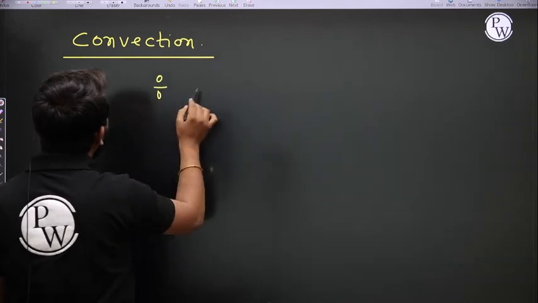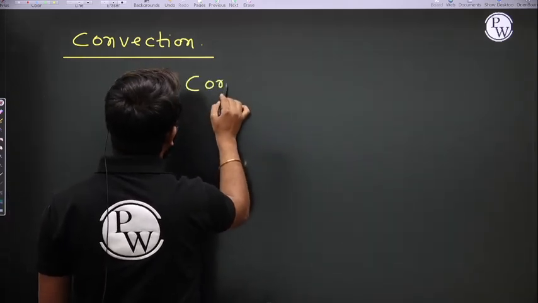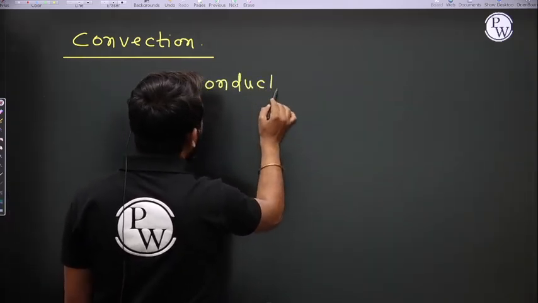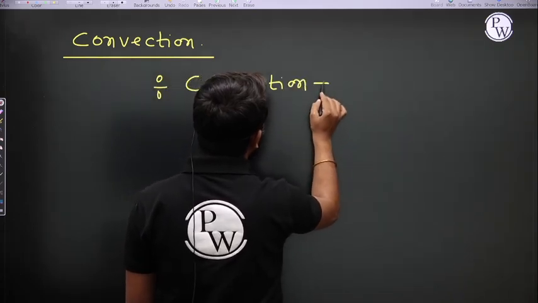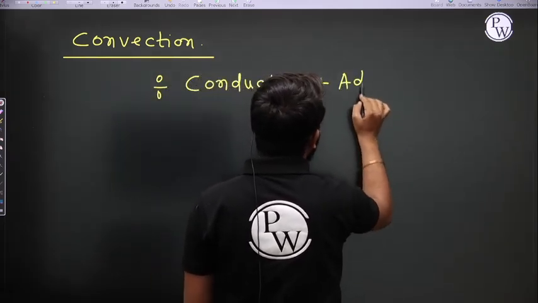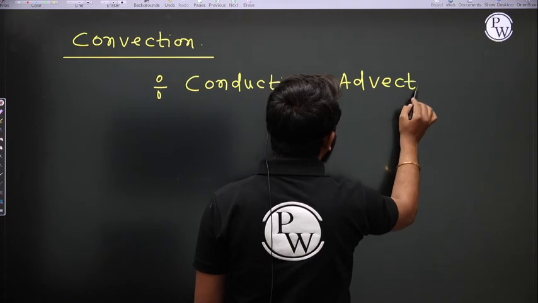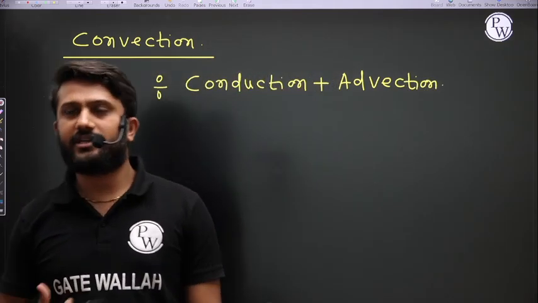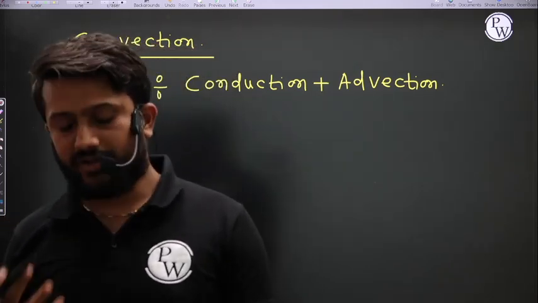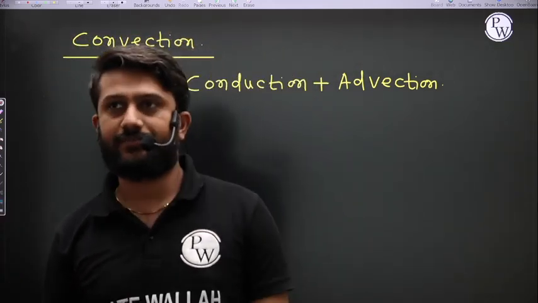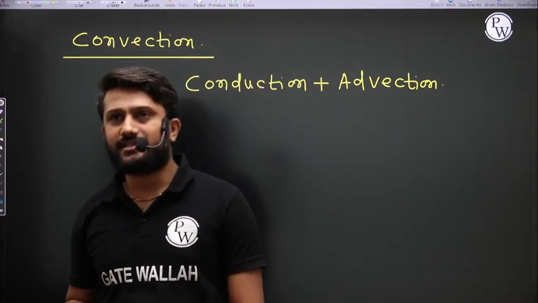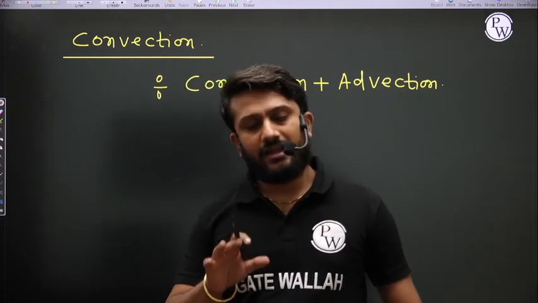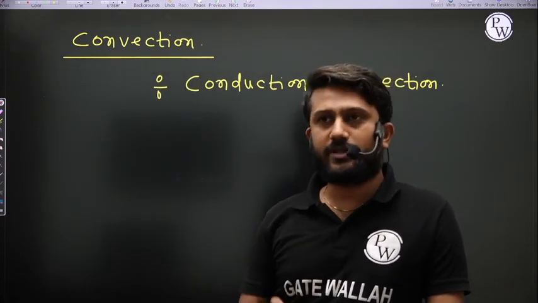So convection heat transfer is made of two terms: conduction plus advection. And we already discussed conduction heat transfer, so here we are not discussing too much about conduction.